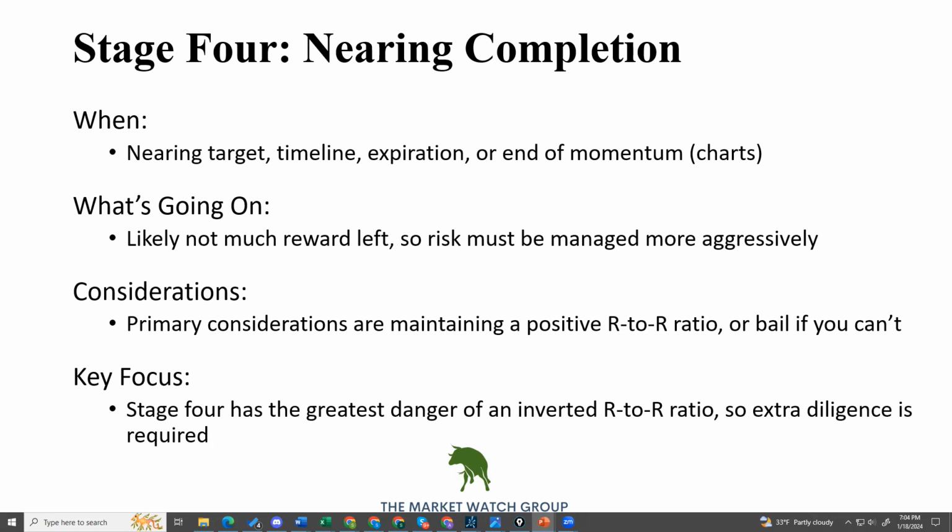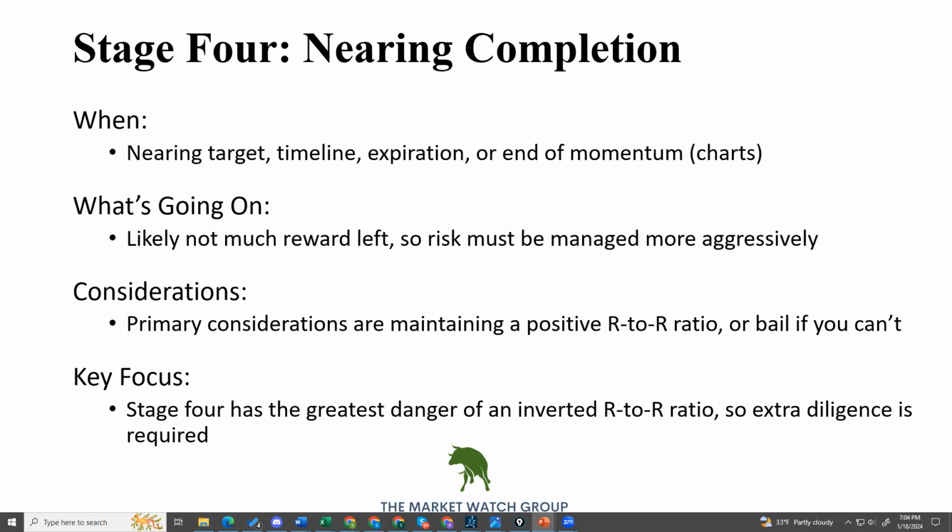Maybe you were thinking you'd get 3-1. You're at 2.7. You can't find a good place for a stop or to be wrong, and you're like, I'm done. I'll take my 2.7 off the table and move on. Great decision. We need to manage the trade much more aggressively when we get into this situation. What are our considerations?